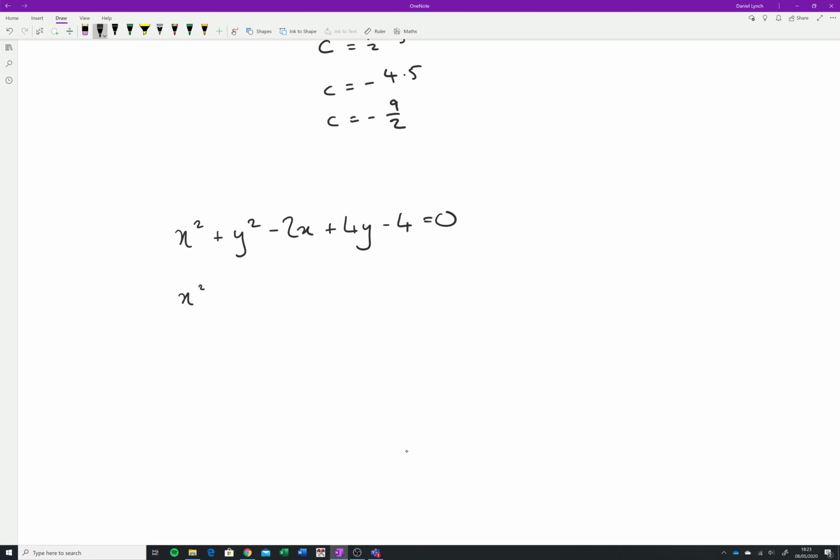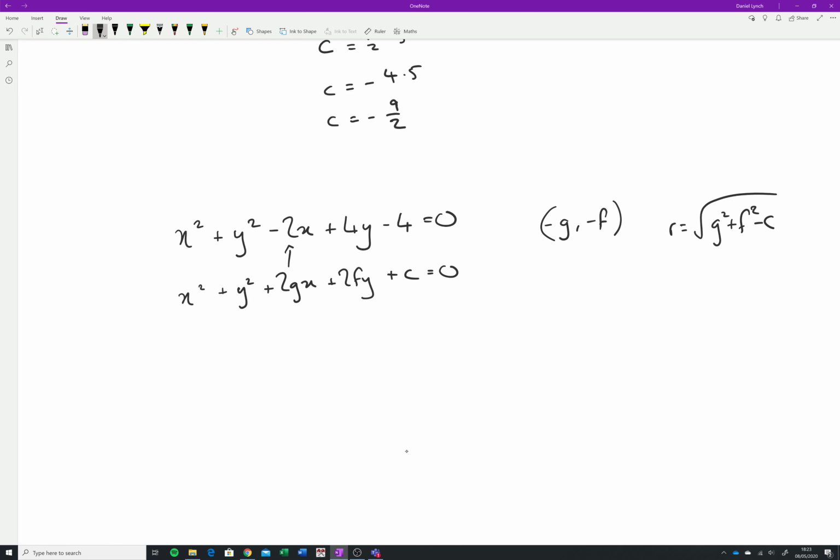The template is x squared plus y squared plus 2gx plus 2fy plus c is equal to 0. And it turns out that the center is minus g, minus f. And that's the center. And the radius is the square root of g squared plus f squared minus c. Let's look at it. What does it turn out?